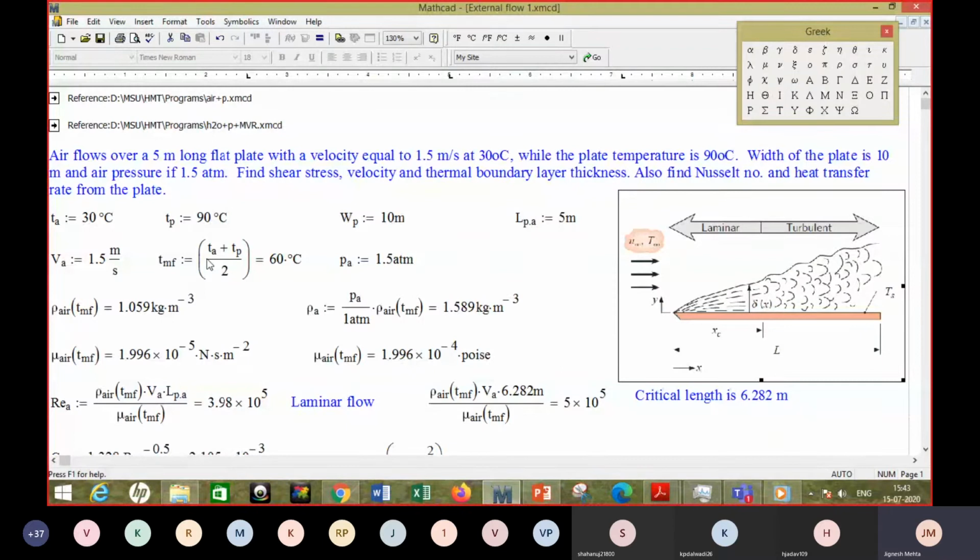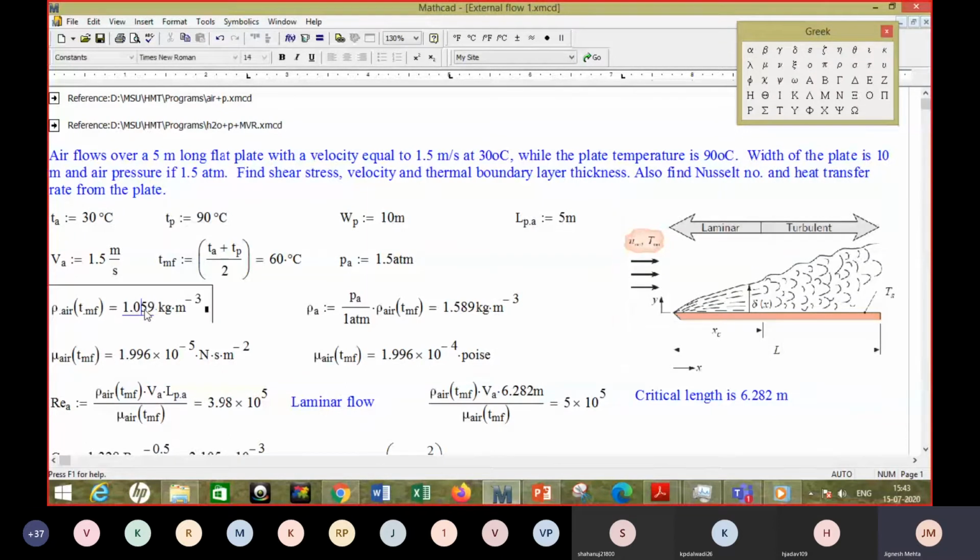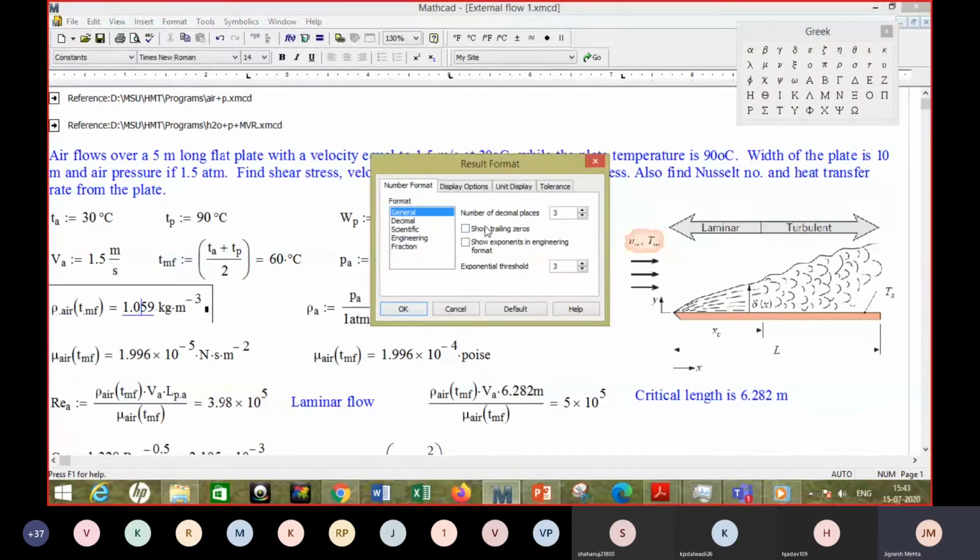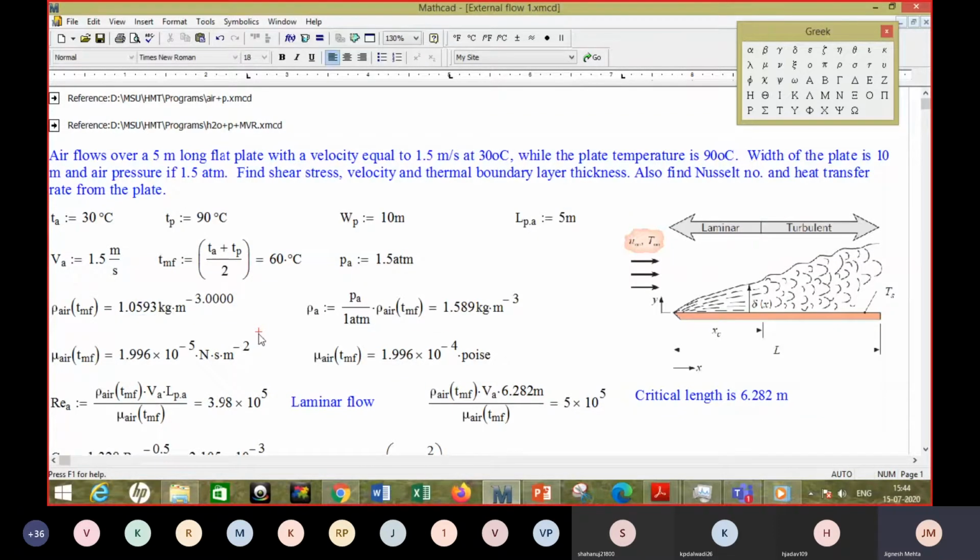So what is the density? It is close to what you read from there. So rho is 1.0593 kg per meter cube. That's the density of air.